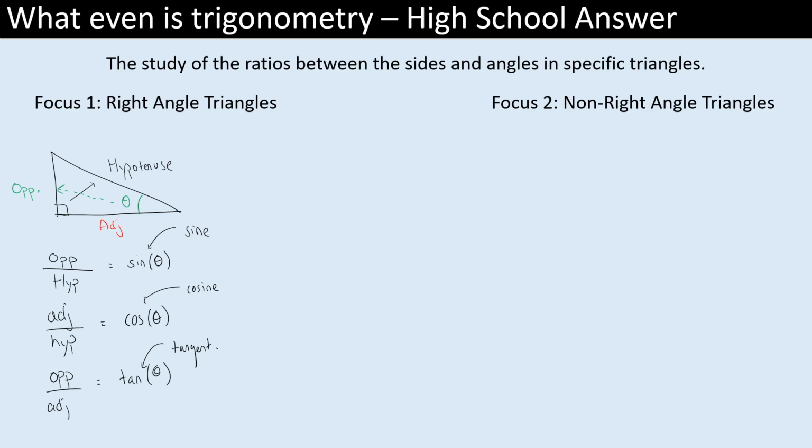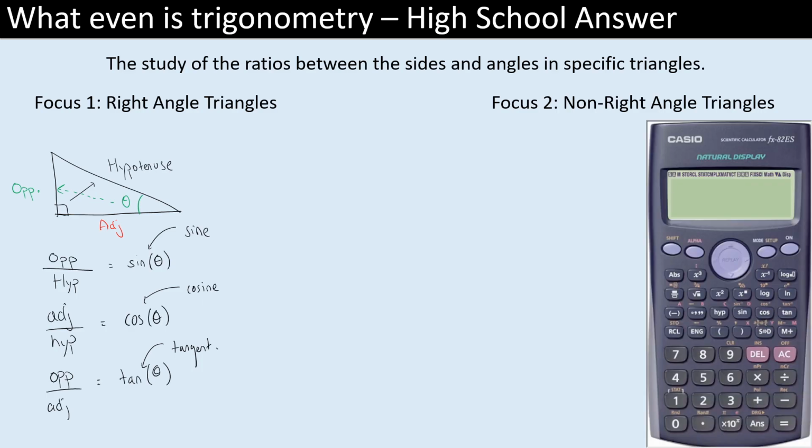If we had our calculator and we said, what if that angle was 30 degrees? I press equals. I know that whenever I take my opposite divided by my hypotenuse, I will get 1/2. Whenever I have an angle of 30 degrees, my answer should be 1/2.